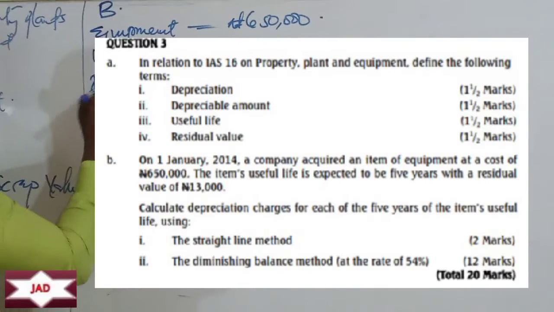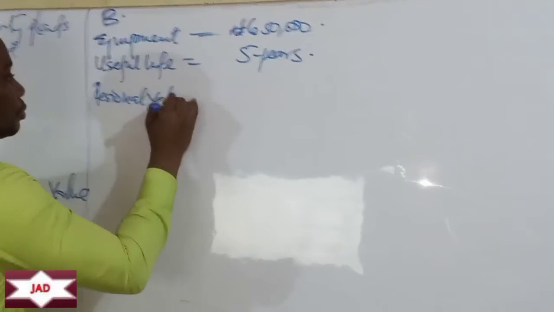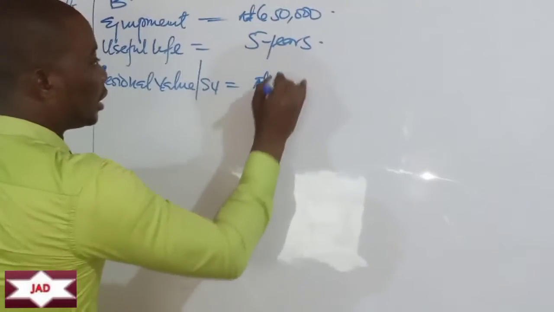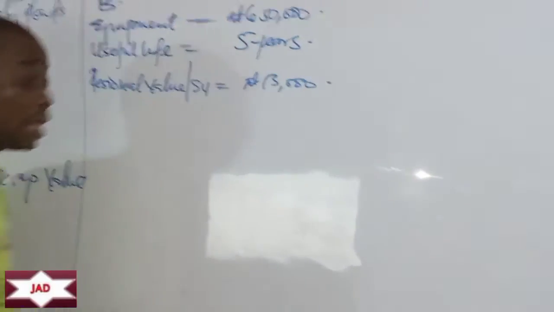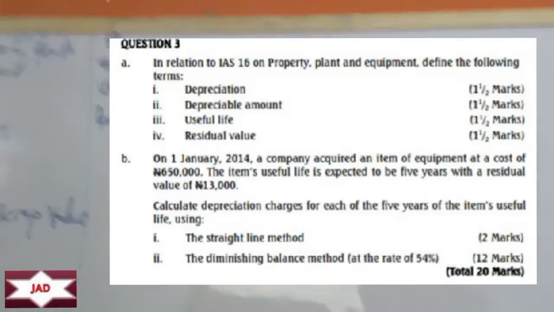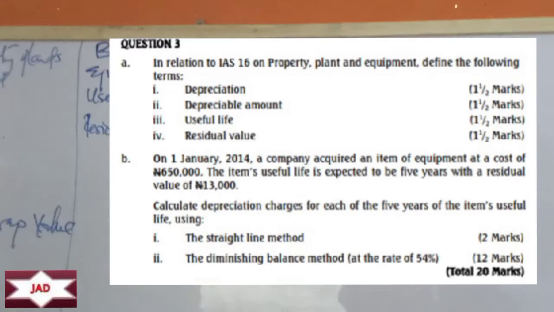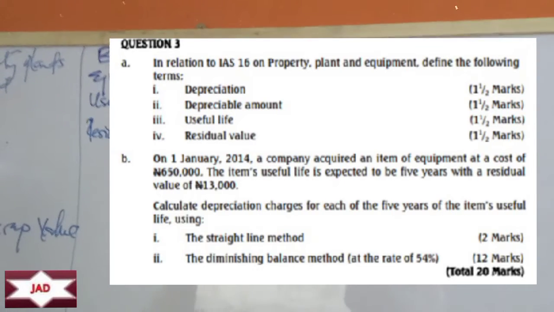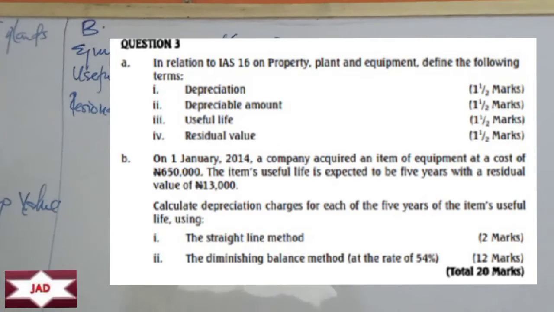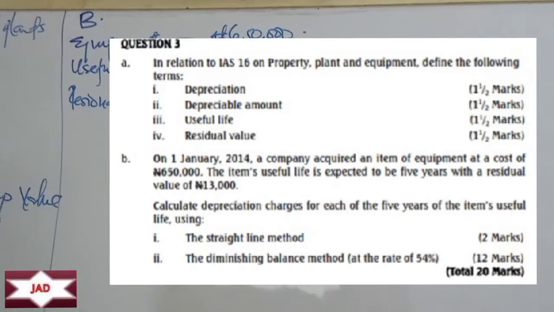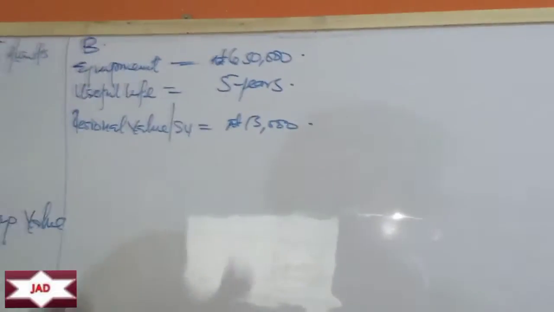So residual value, or scrap value, they said is 13,000 naira. They are asking that we should calculate the depreciation charges for each of the 5 years of the item, which is the equipment, using the straight line method and the diminishing balance method at the rate of 54%. So what do we do?